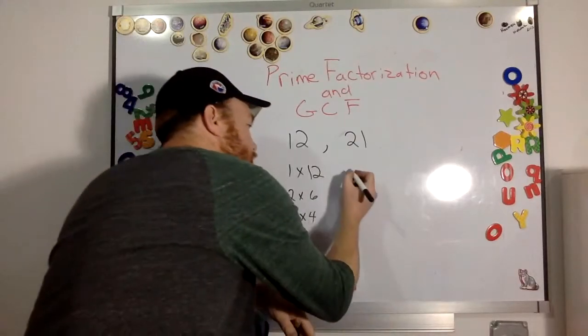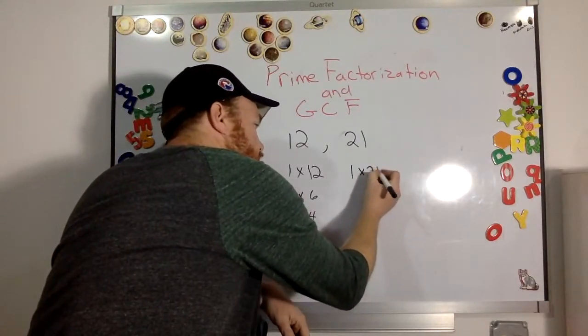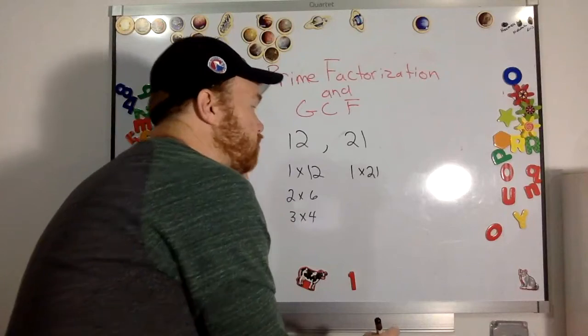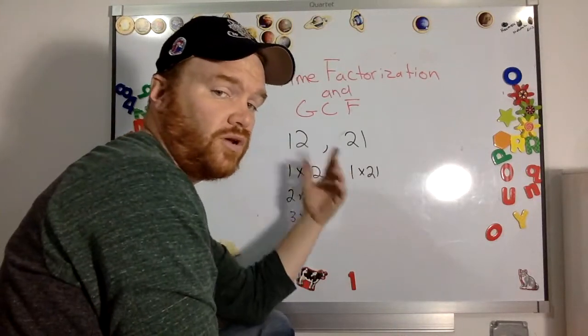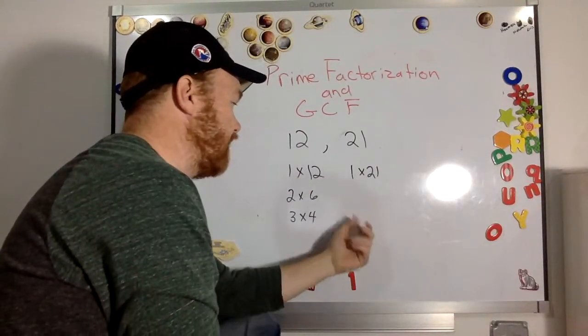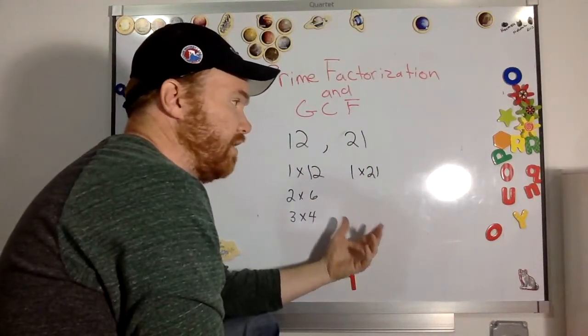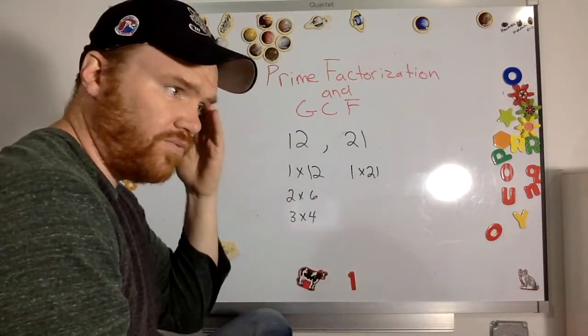So I go to 21, and I know 1 times 21. 2, well, it doesn't end in an even number, so I know 2 can't be a factor. 3, well, I'm not sure if 3 is a factor.